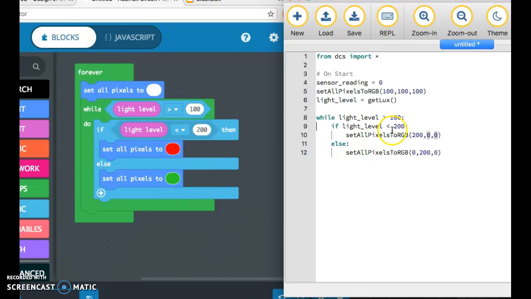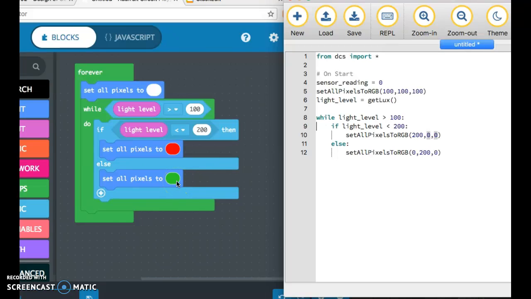So basically, I said that while the light level is greater than 100, if the light level is smaller than 200, so basically when the light level is between 100 and 200, then the CPX's pixels would be red, and if not, meaning that the light level is greater than or equal to 200, all the pixels would be green.